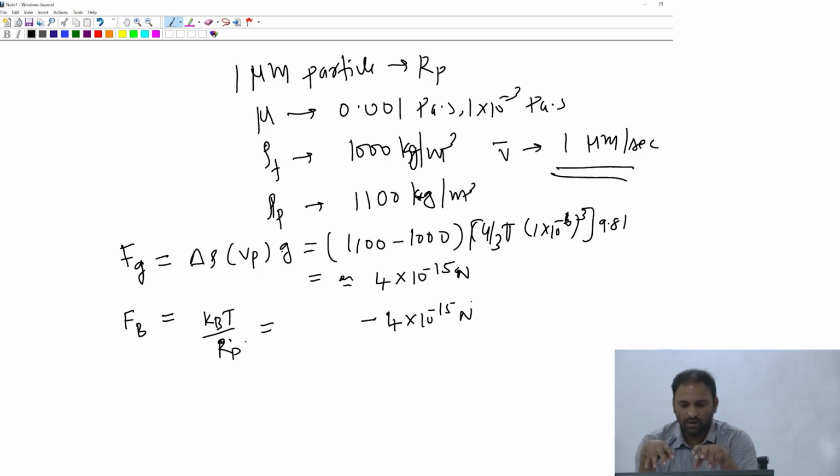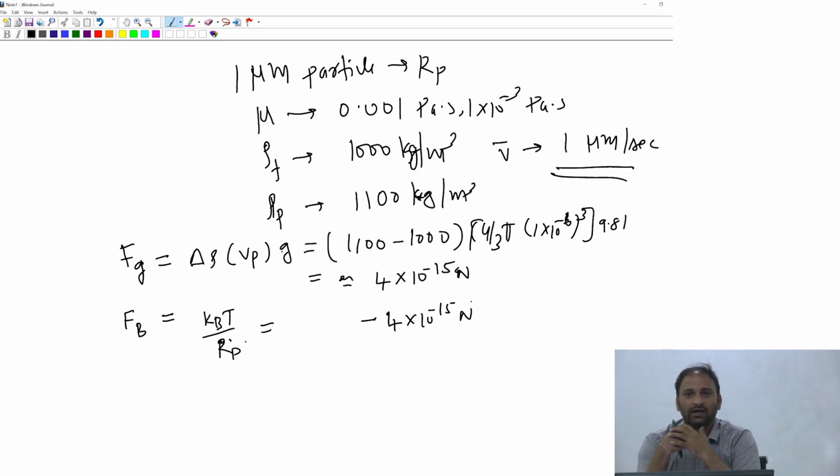Now, what I can say from this calculation is that if you have a particle of 1 micrometer radius immersed in water, and if the density difference is about 100 kg per meter cube, it turns out that your Fg and Fb are comparable. Now, what happens if I reduce the size of the particles?